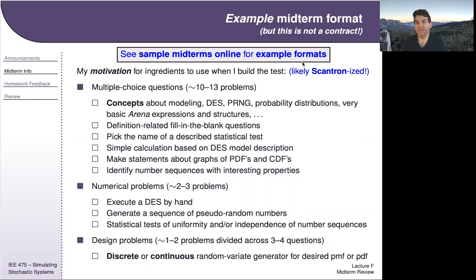And then you're definitely going to have at least one design problem where I'll give you a density function or a CDF, and you'll have to generate random numbers based on that. I'll give you the random numbers, and you generate random variates with them. So I'll say, here's a couple of random numbers, 0.4 and 0.7. What would be the two corresponding random variates if you used the random variate generator? And so you'll have to go through that process.